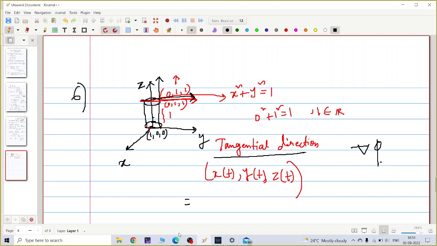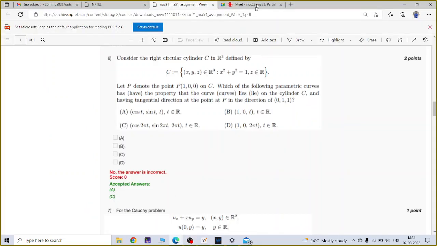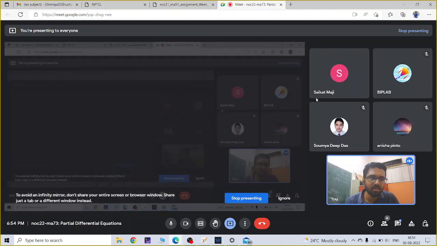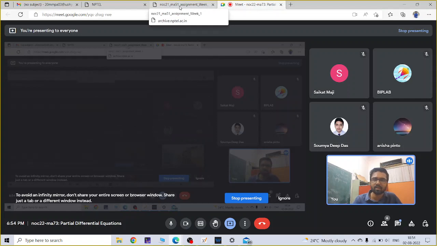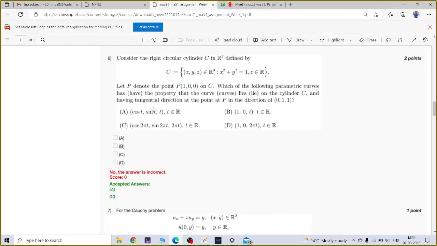That is okay, but for any curve, suppose x(t), y(t), z(t) is given parameterization, what is the tangent direction? I am asking the persons who are there, except Soipat. Biplav or Somodeep or Anisha, anyone respond, or in the chat box you can write. Suppose a curve is given like x(t), y(t), z(t).